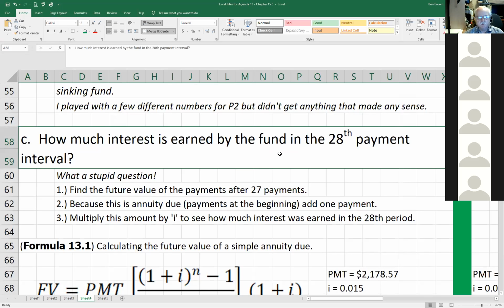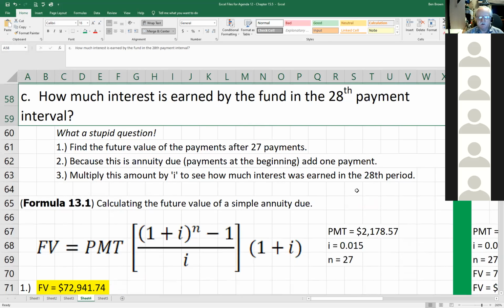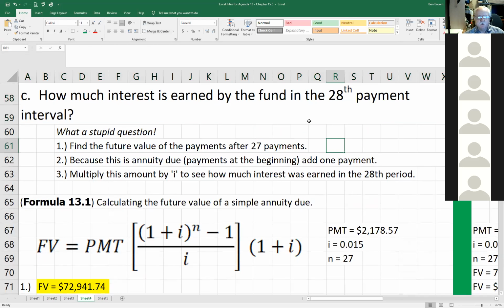Now they want to know how much interest is earned by the fund in the 28th payment interval. Like I said, what a stupid question, but they asked it anyway. And what we have to do here is find the future value of the payments after 27 payments.